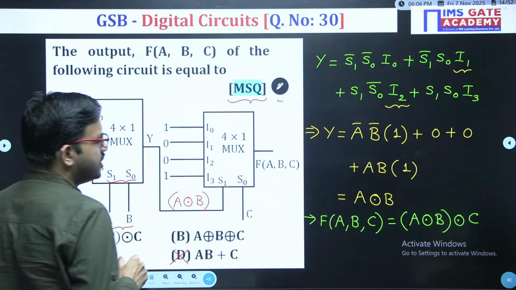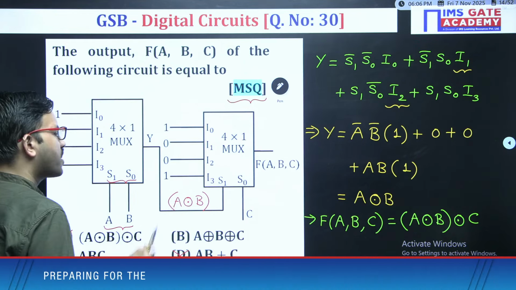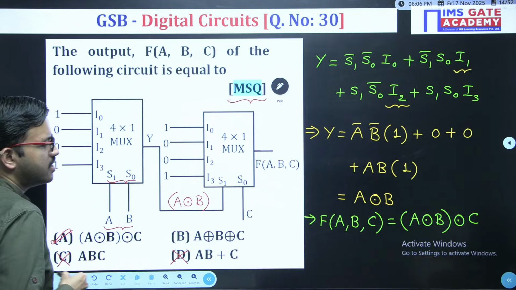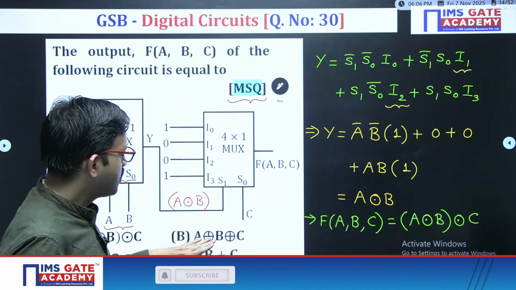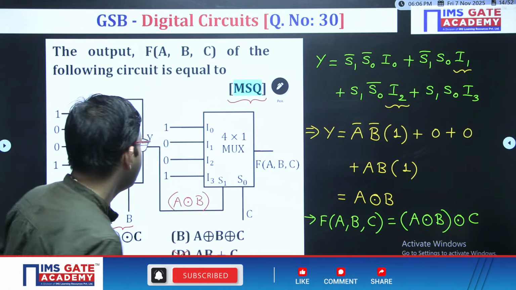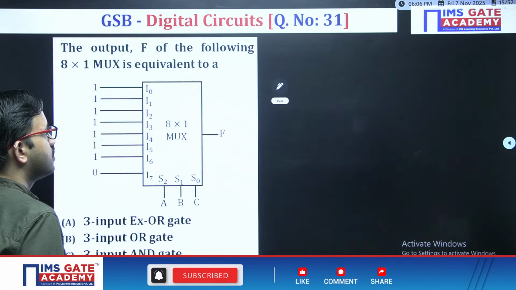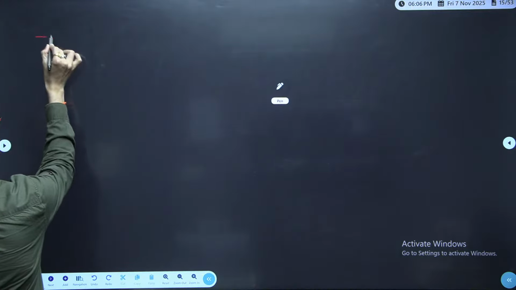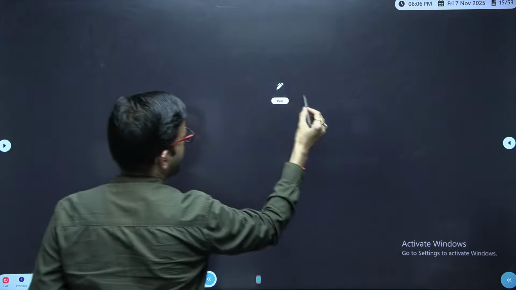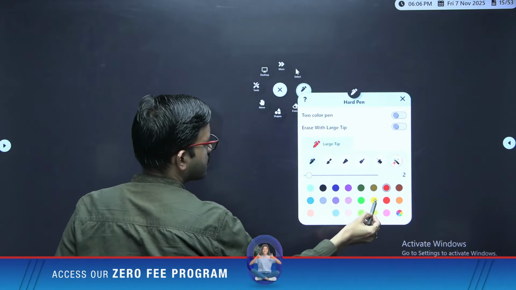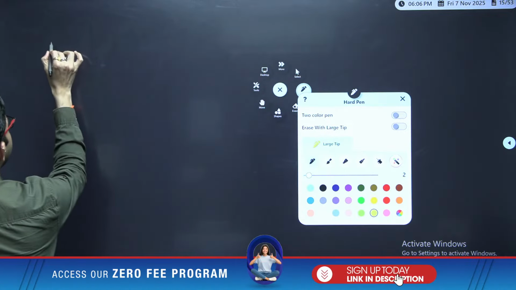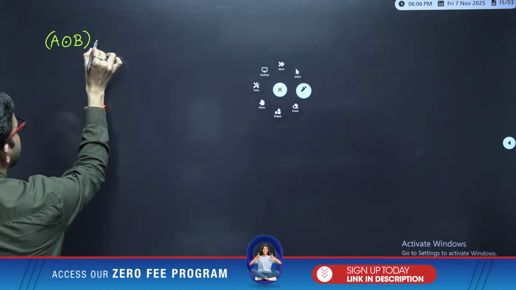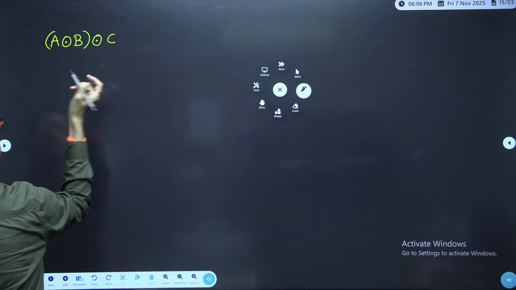Many of the students in general may say that A XNOR B XNOR C will be equal to not this equation; they may say one more equation. Okay, yeah, so here I'm writing A XNOR B XNOR C.